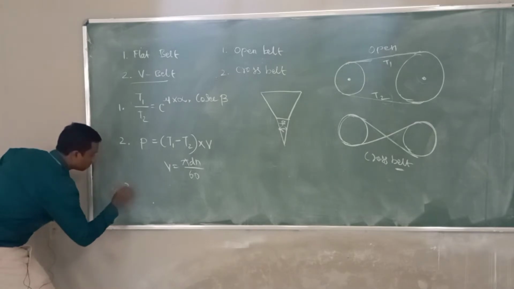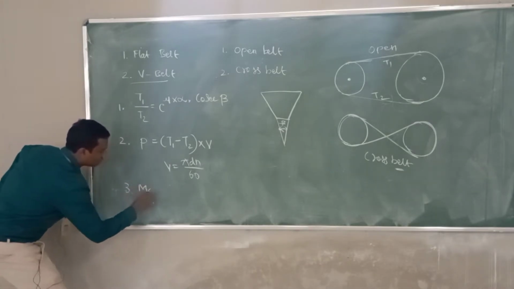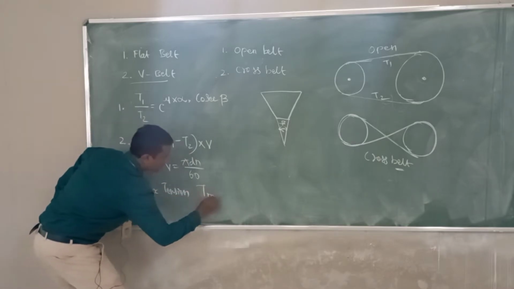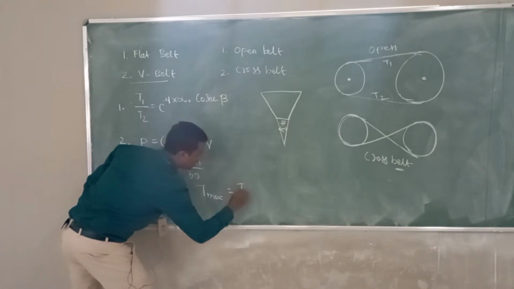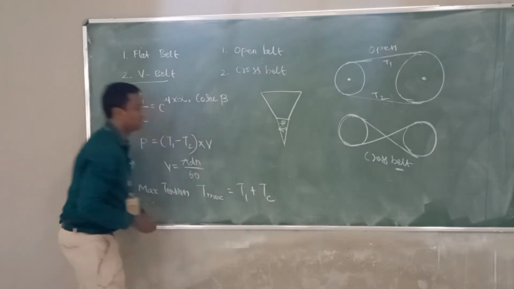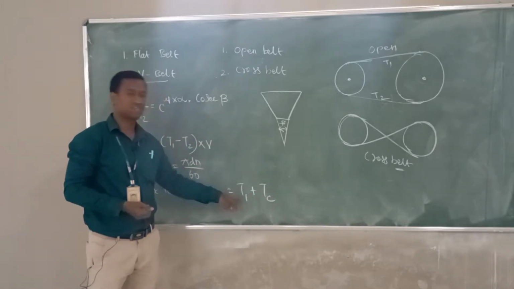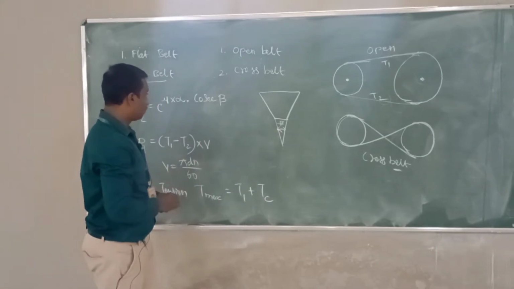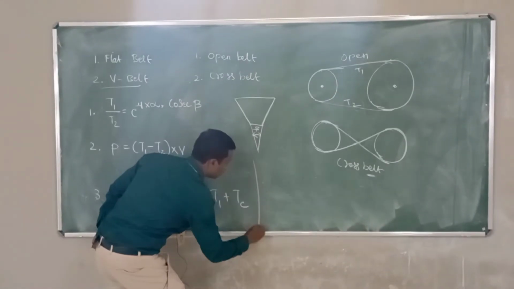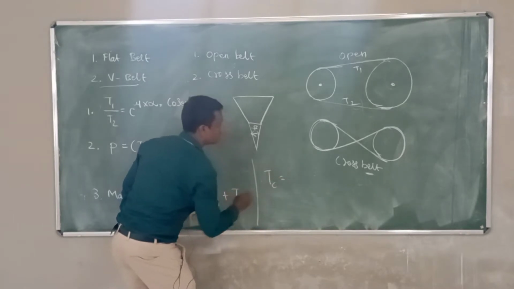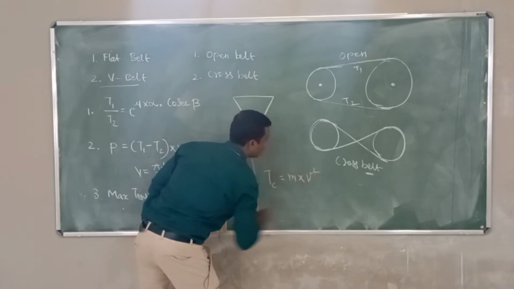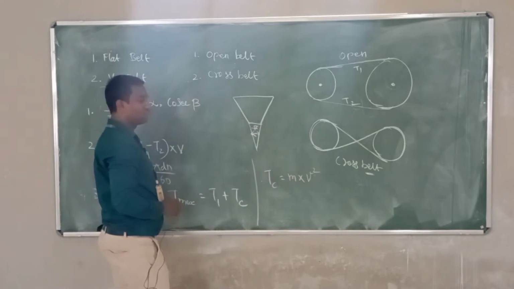After that, to find the maximum tension, T max, it can be found with the help of T1 plus Tc. We know that T1 is the tight side tension. Tc is the centrifugal tension. This centrifugal tension is found with the help of mass multiplied by V square, that is m v square.